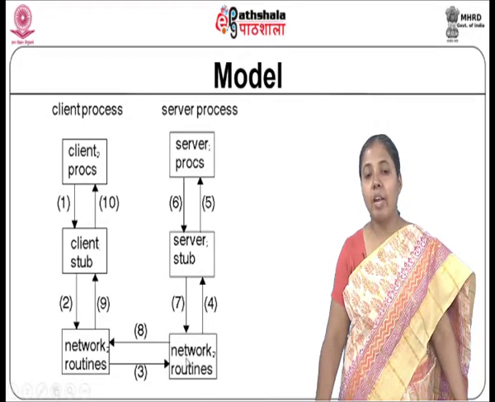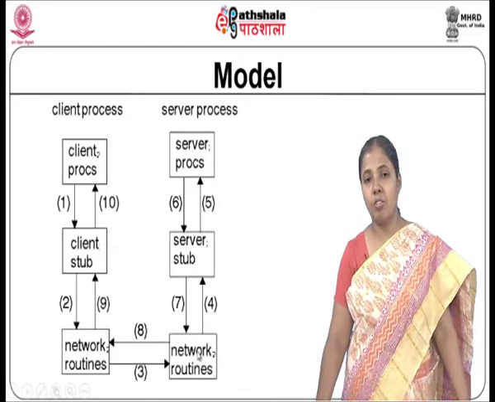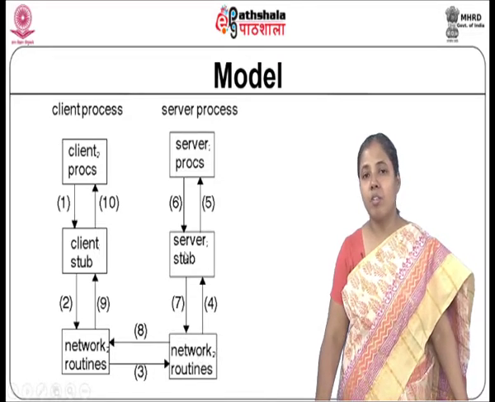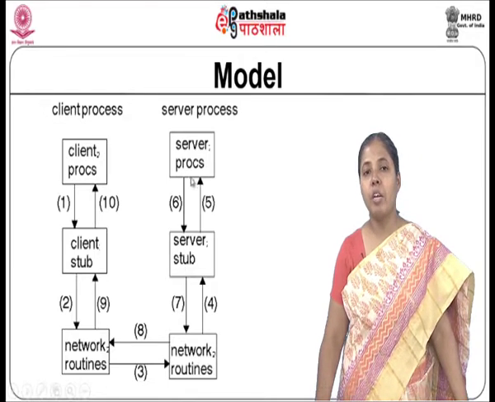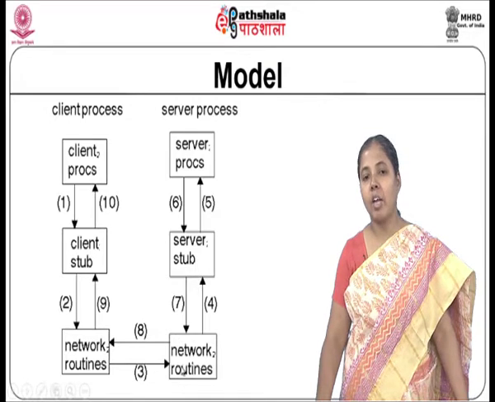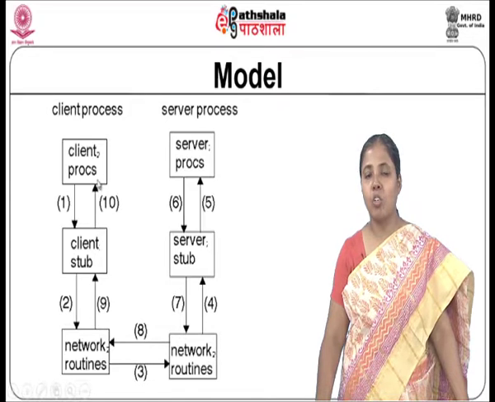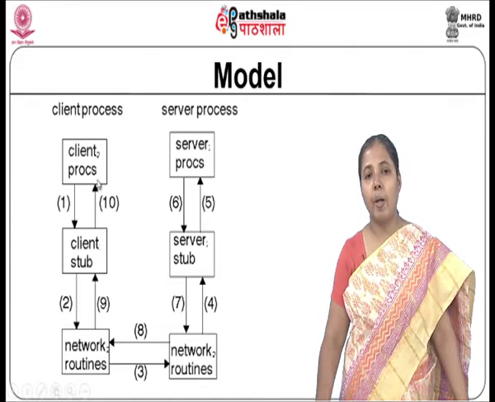On the server side, again it makes use of the underlying network routines by which it unmarshals the data and sends it to the server stub, and the server stub would initiate the server process, get the result back from the server process, and again use the network routine, and then marshal everything and transmit it to the client side. The client side would contact the client stub, through which it would connect to the client process.